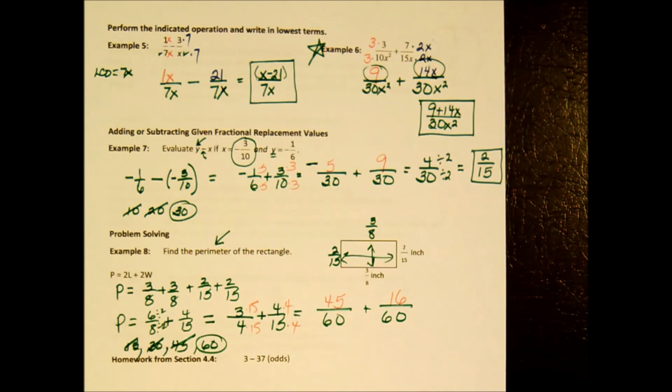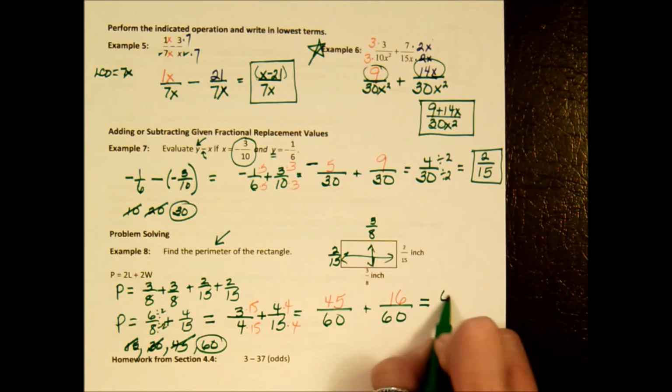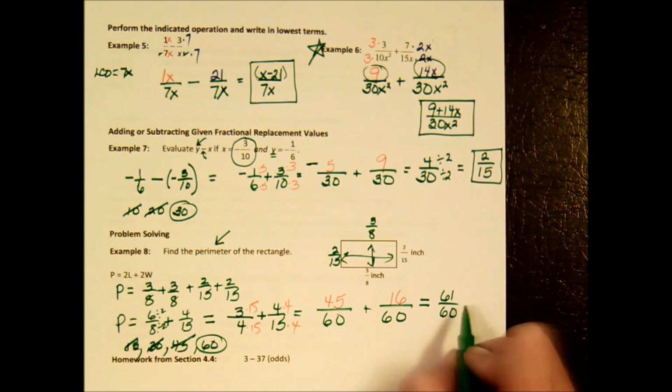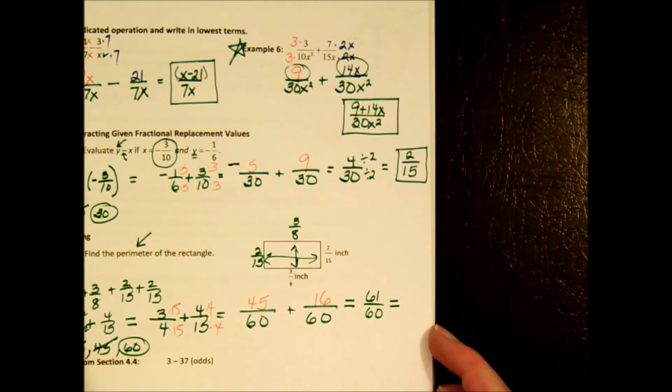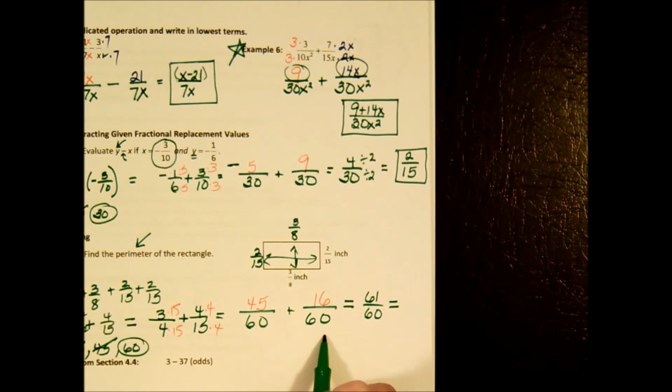When I add those, 45 and 16 is 61/60. We're actually going to change this one to a mixed number because it makes more sense in the context of the problem. So 60 goes into 61 one time with 1/60 left over, and that label is inches.